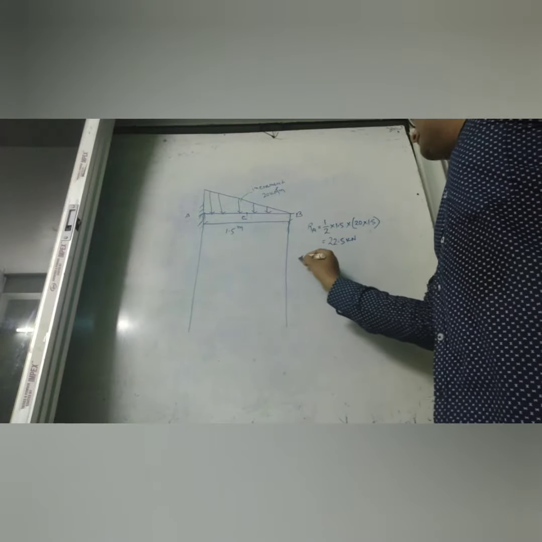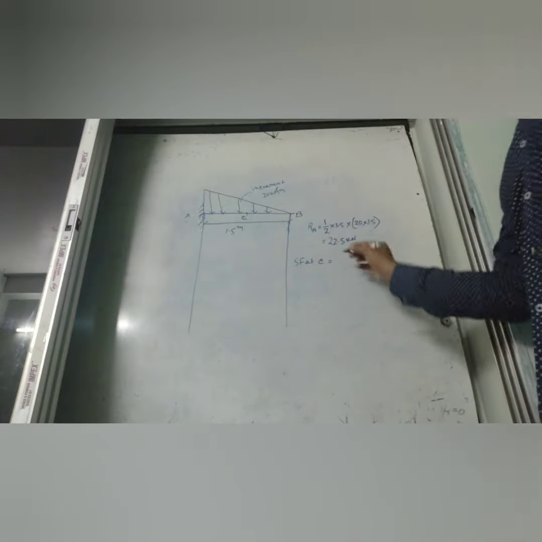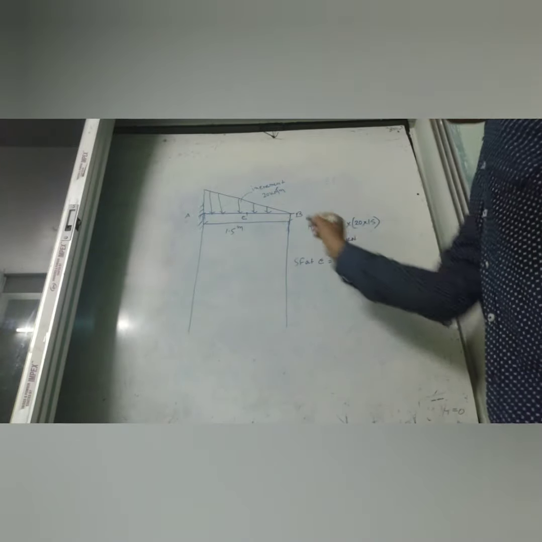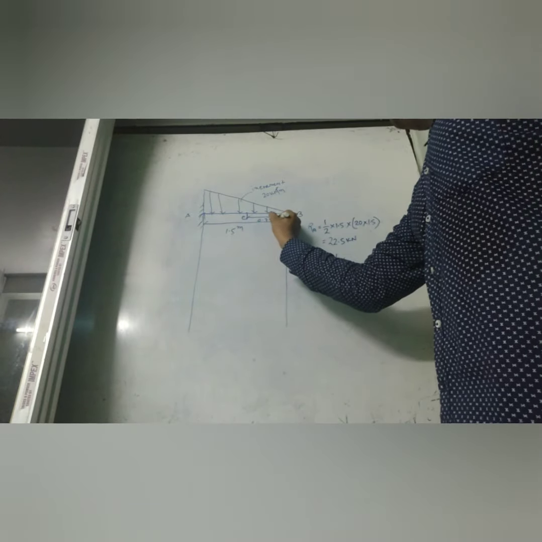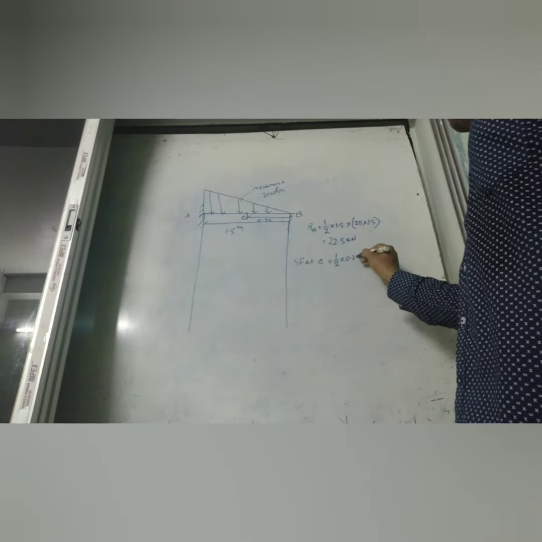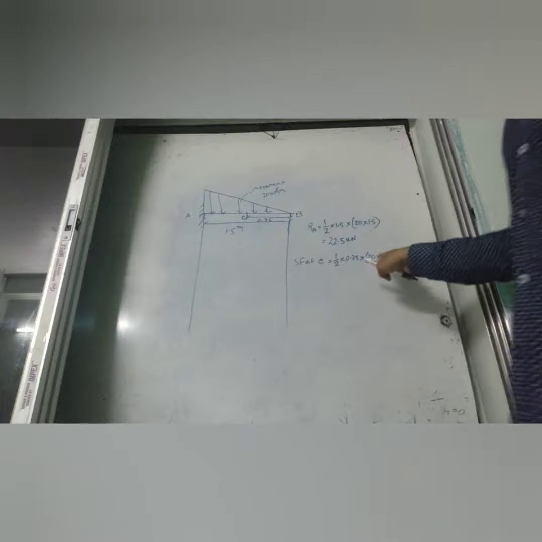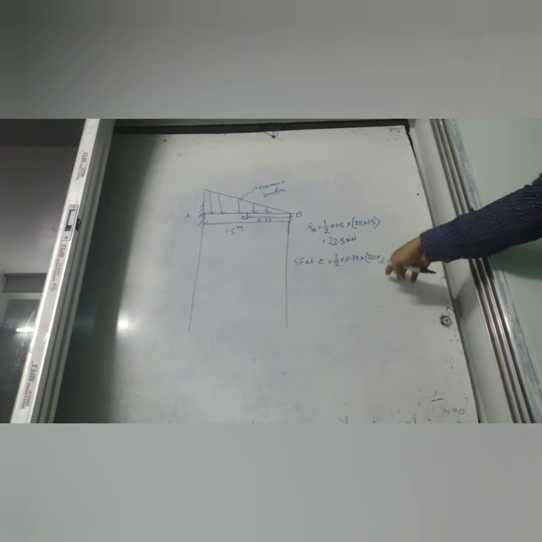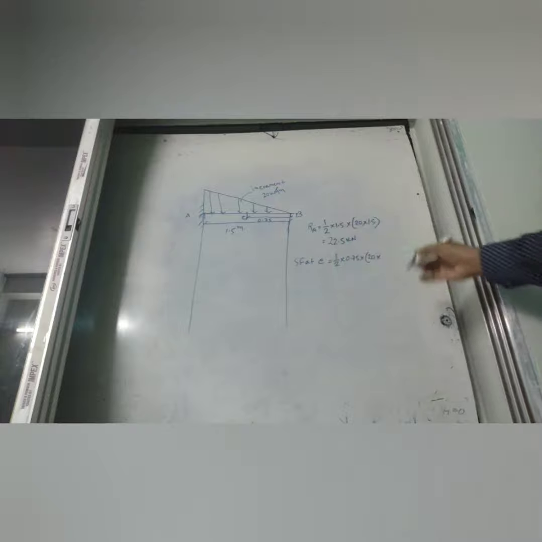So if we get the shear force at C, using the same formula, half into base is 0.75 because it is the middle point. Half into base into height. I told you the height is multiplied with the force, because the length for which we are calculating the shear force is multiplied with the increment load, then we get the height.